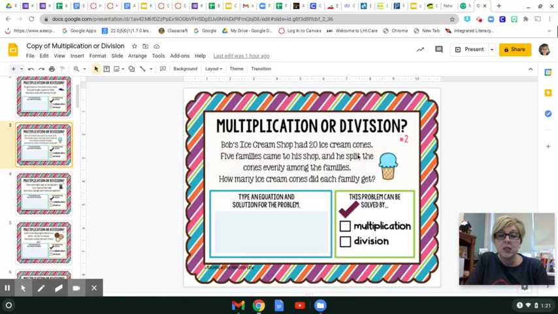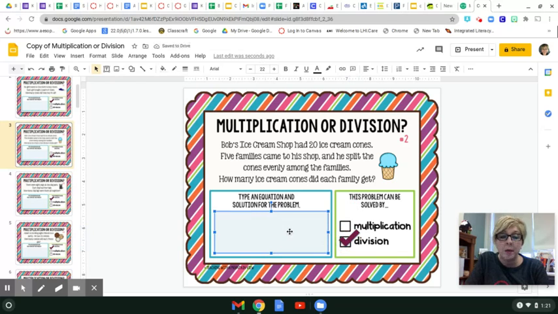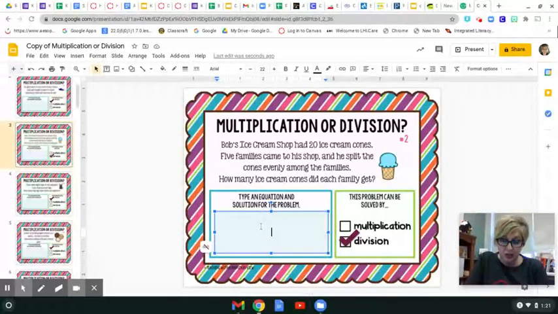So if this was my assignment, I would take that check mark and drag it to the division box. Now I'm going to come over here and it asks me to type an equation and solution for the problem. So let's think about the numbers that are included here. How many ice cream cones did Bob's ice cream shop have? He had 20 of them, and that's our large group.